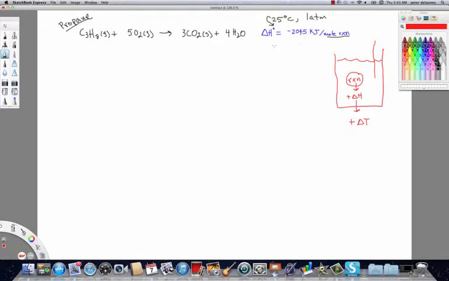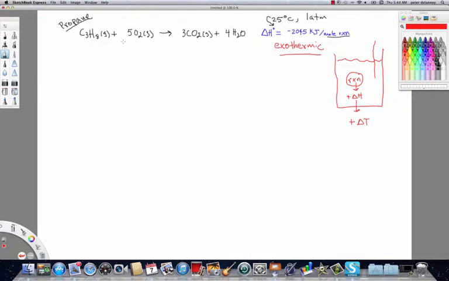So this is what we call an exothermic reaction. It is exothermic because energy is released by the reaction, indicated by the negative sign in front of the numerical value.